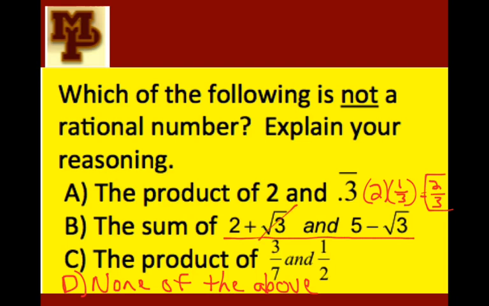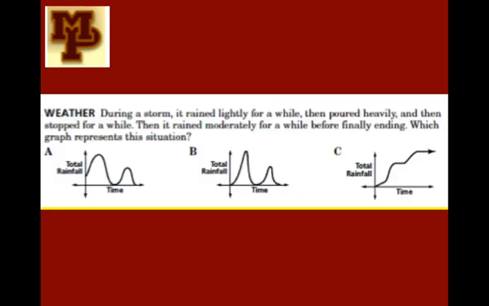A positive radical and a minus radical cancel out, and that would be equal to 7, because of the 2 plus 5. And then the product of these two fractions multiplied straight across would be 3 over 14, and of course that's rational as well. So none of those are irrational.